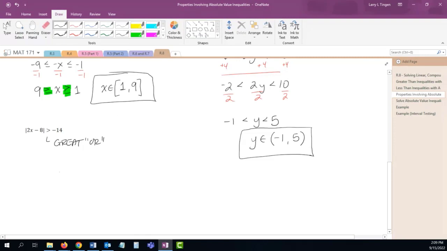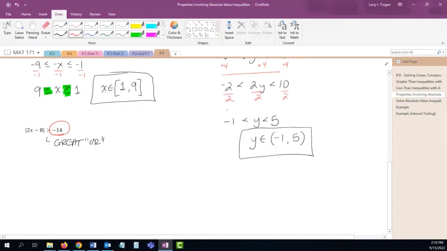We love a greater, because what does it mean? Absolute value has already been isolated. It is by itself. So that means absolute value of some algebraic expression greater than some positive number. Ooh, wait a second. Something odd's going on here. What's off about this? Here's the problem. This is negative.